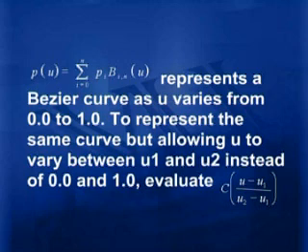To represent the same curve but allowing u to vary between u1 and u2 instead of 0 and 1, we'll have to evaluate u minus u1 over u2 minus u1. By default, we have been talking about the simplest case in which u has its values between the range 0 to 1, which is what we have been using in our previous theoretical examples.